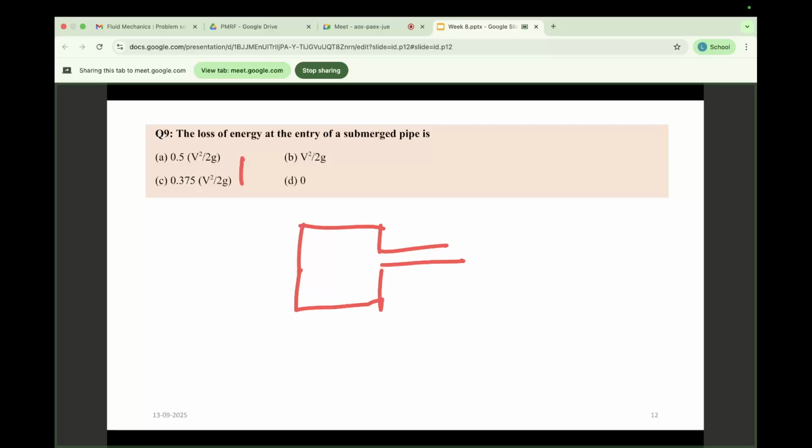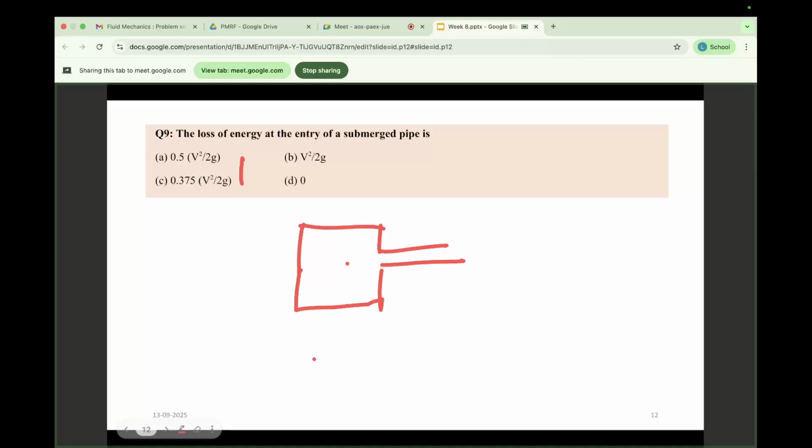That is the fundamental setup. So what will happen? Whatever kinetic energy has entered, because here there is a sharp edge.